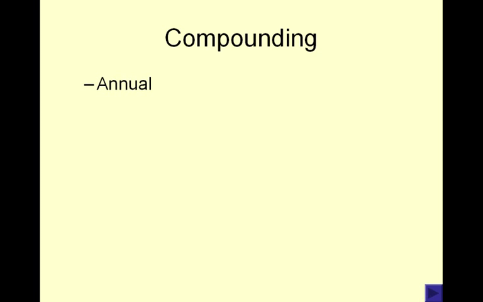We'll start with the simplest version of compounding, which is annual compounding of interest. If we have a present value amount that we're investing right now, and we invest that dollar amount for 1 year, at the end of 1 year we'll have the present value times 1 plus R in terms of future value.